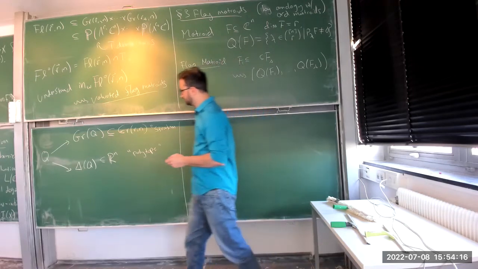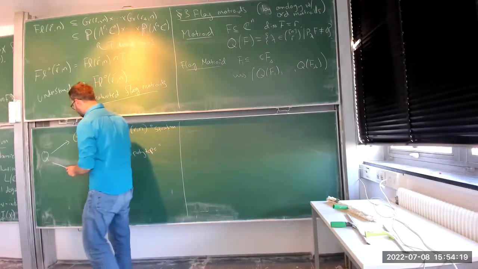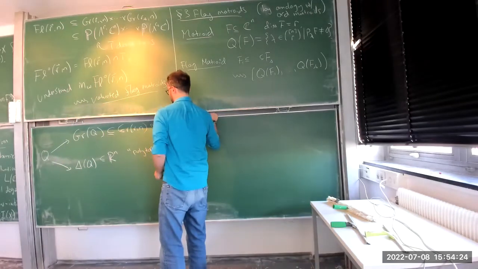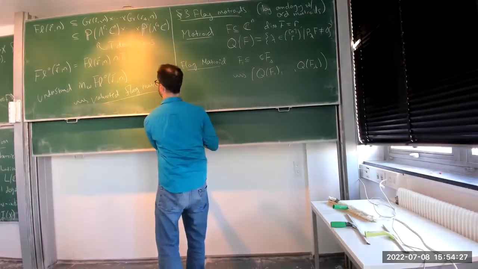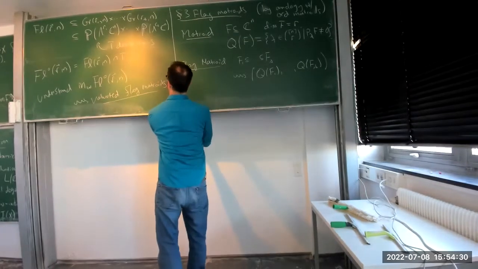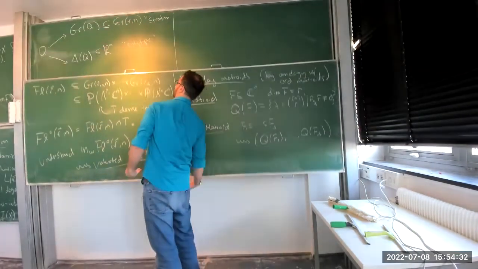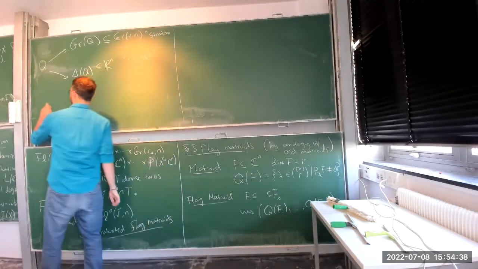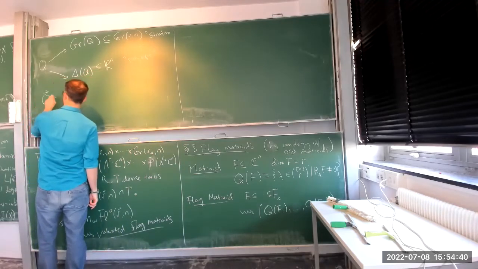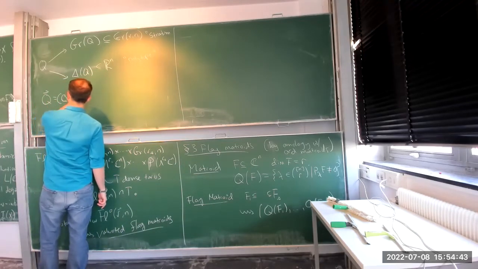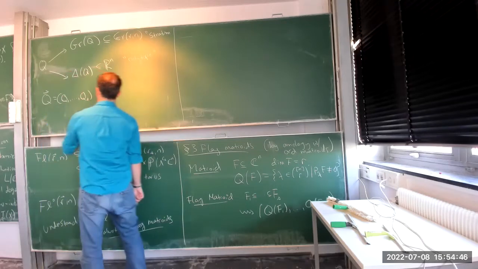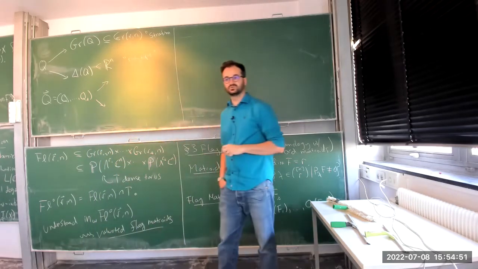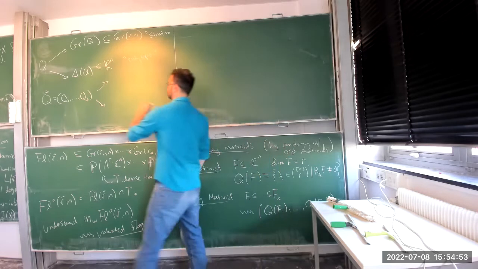We can now make an analogous definition for flag matroids. If you're given a flag matroid, say Q vector, so this is Q1 through QS, the one generalization will be pretty obvious in some sense.